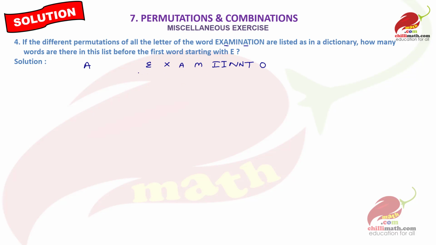So by keeping this A fixed, we have 1, 2, 3, 4, 5, 6, 7, 8, 9, 10 letters. So they can be arranged in 10 factorial. Any repetition? Yes. I is there 2 times and N is also there 2 times. So we'll divide this. So this will be the different permutations of all the letters of the word examination which are there in the dictionary before the word starting with E.